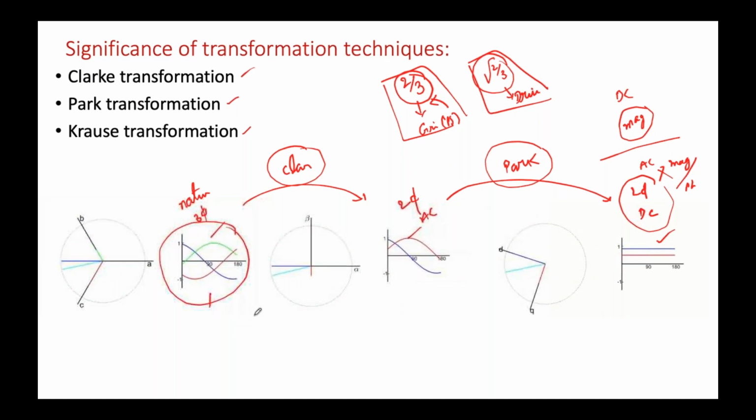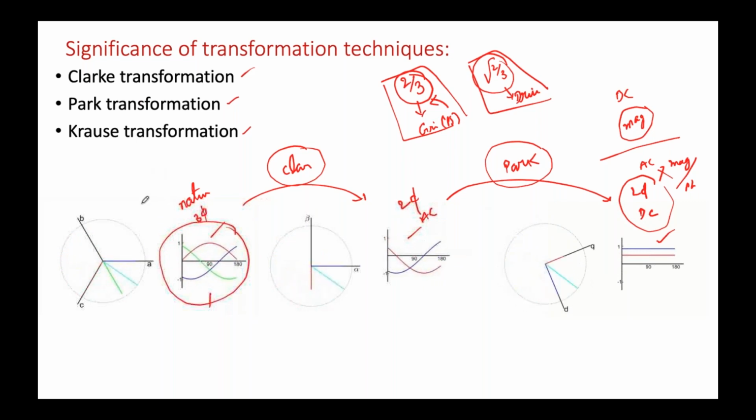By using mathematical techniques, by using transformation technique, we can convert three-phase to two-phase DC. So while converting these signals from three-phase to two-phase AC or two-phase AC to DC, many scholars get a doubt: what about actual system characteristics? Please try to understand, actual system characteristics will not lose whatever information.